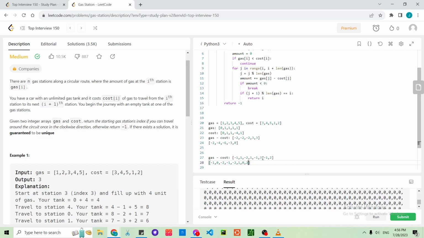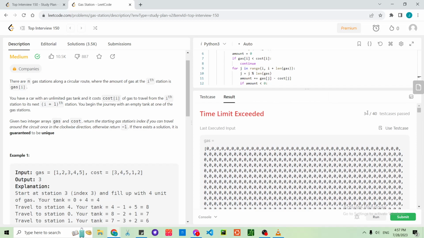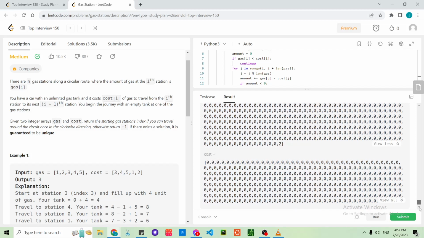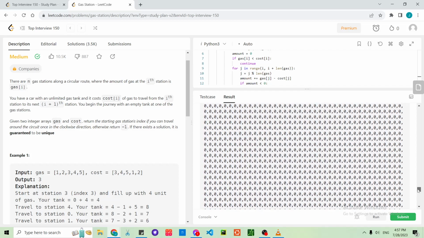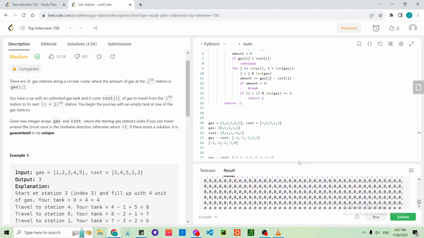No. There are 6 test cases not passed. Ton of 0. Okay. The cost is a lot of 0 as well. So we have these zeros.